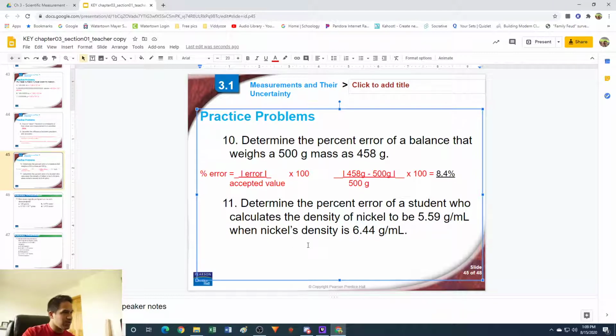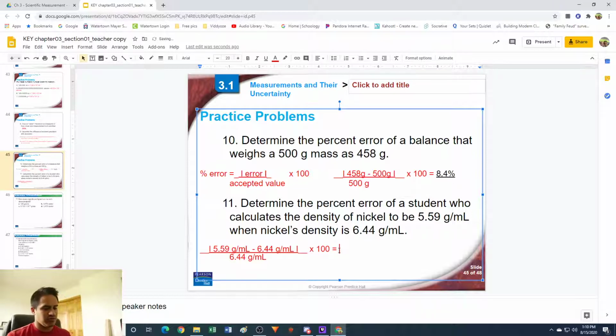Okay. So for our math, we're going to take the absolute value of our error. So this is going to be 5.59 grams per milliliter minus 6.44 grams per milliliter. And then that's going to be divided by our accepted value, which is 6.44 grams per milliliter, and then times this by 100 to get a percentage.